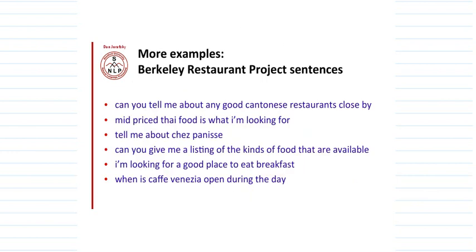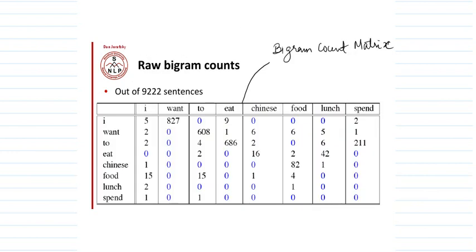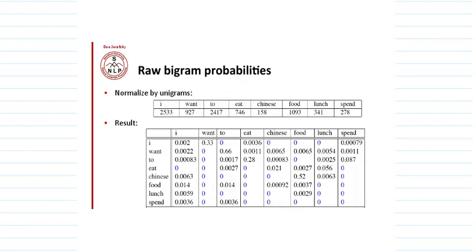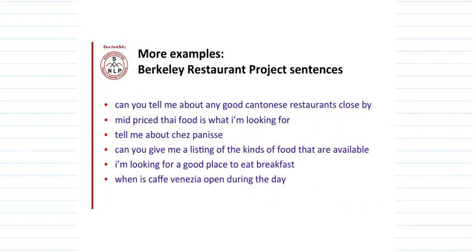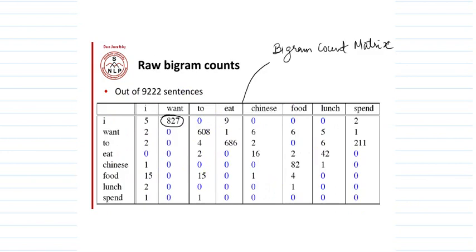What are bigram counts? Two words occurring together. So I I occurs together in very small numbers, but I want has a very high count in the whole corpus of around 9,222 sentences. The count of I and want occurring together is 827.